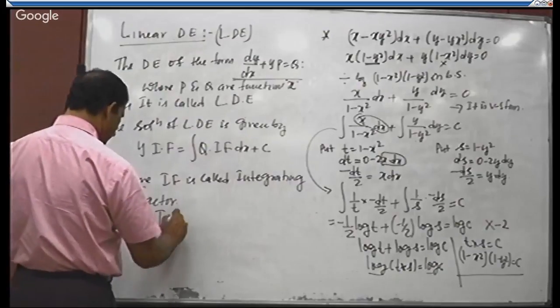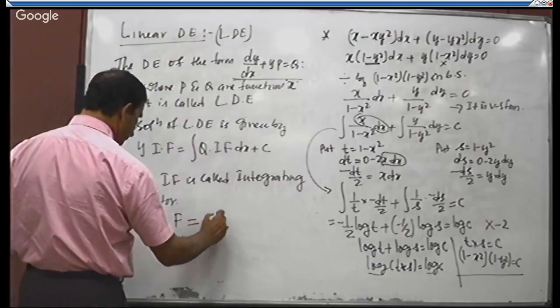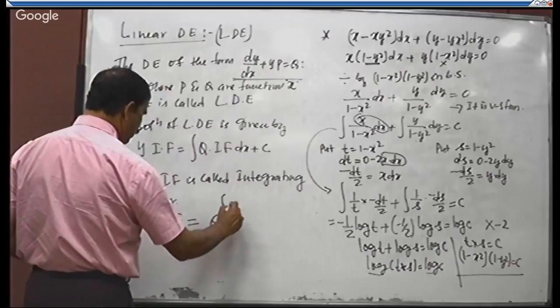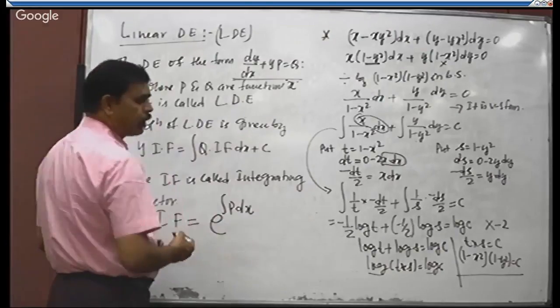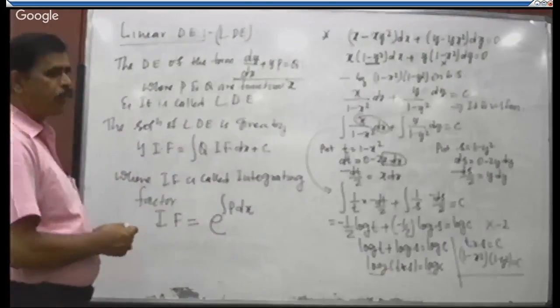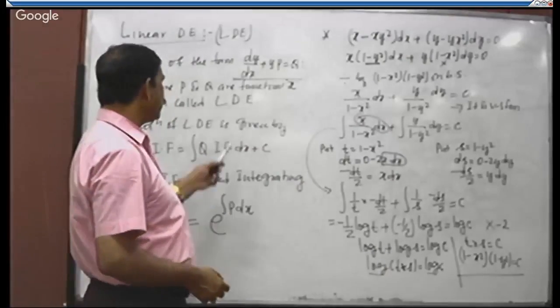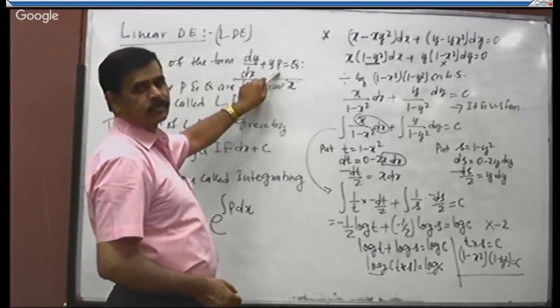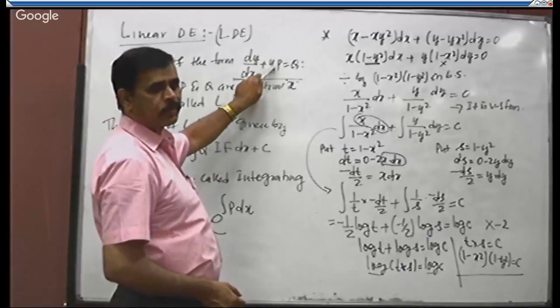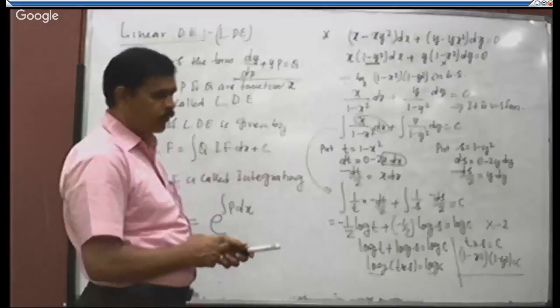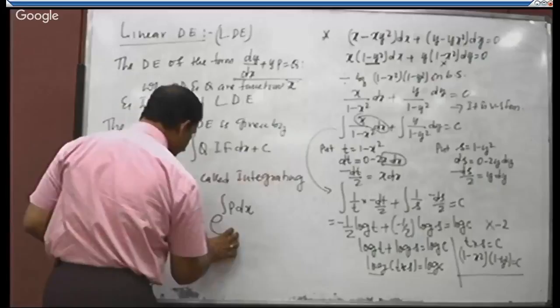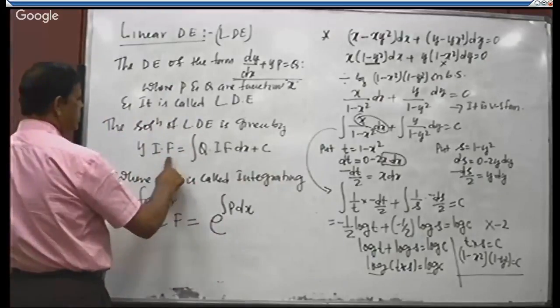So what is integrating factor? It is equal to e to the power of integration of p dx. What is p? P is taken from the given differential equation. After getting this IF, it is substituted here.